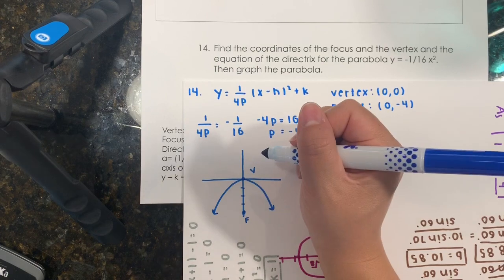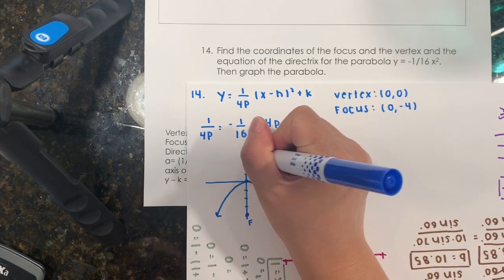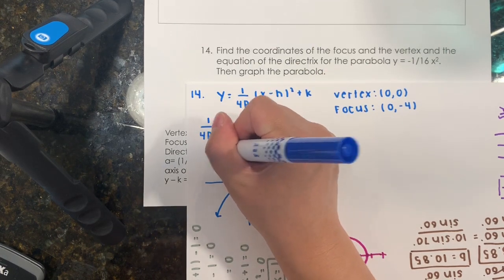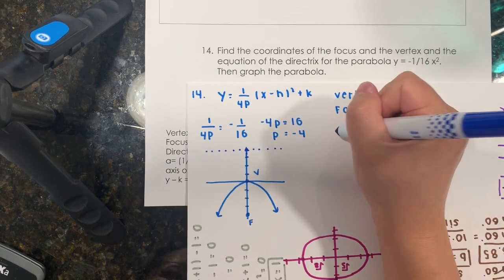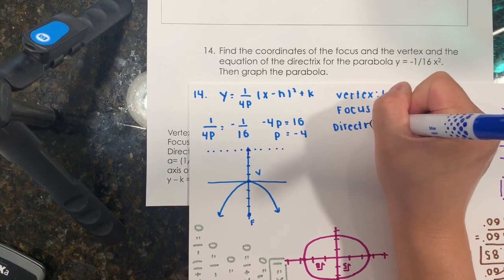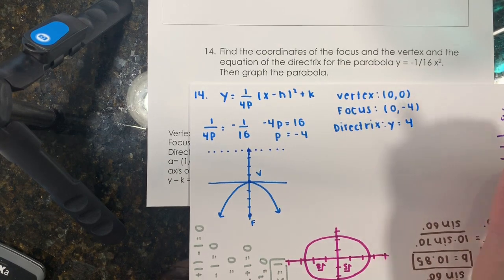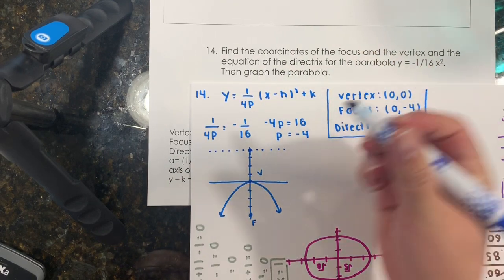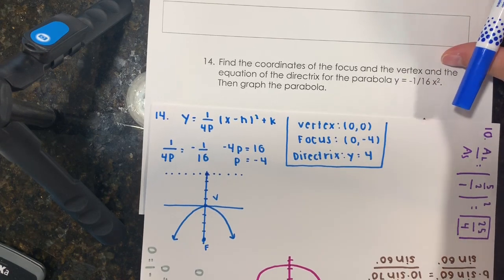Then my directrix is going to be in the opposite direction. So 1, 2, 3, 4. And this is going to go through the y-axis. So my equation of the directrix is going to be y is equal to positive 4. And that is your result. So these are your results, including the diagram for number 14.